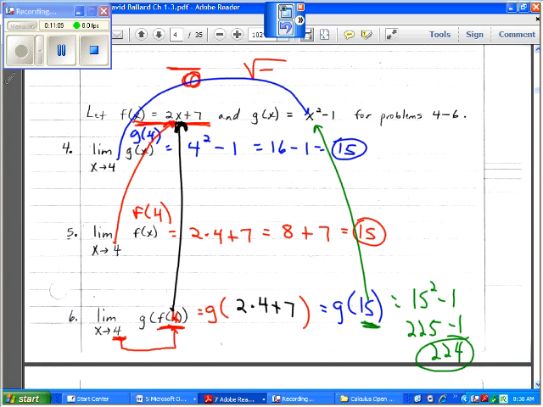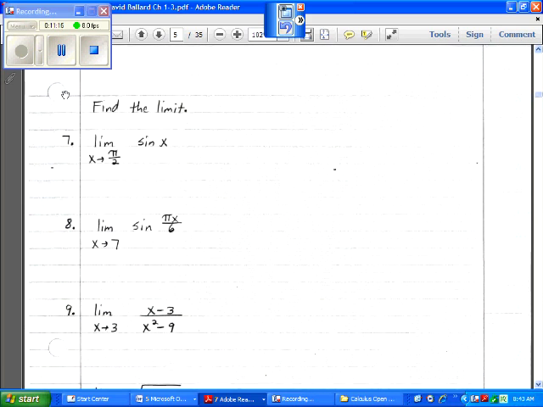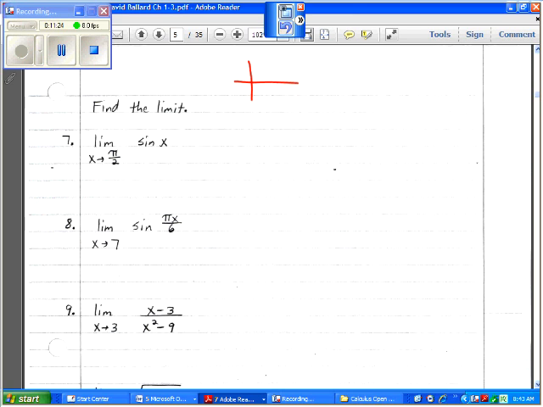Number 7. We'll do one more and then we'll stop. We want the limit as x approaches pi over 2 of sine x. Sine, recall, starts at 0. It goes up, down, up, down. It's everywhere continuous. Therefore, it is continuous at pi over 2.